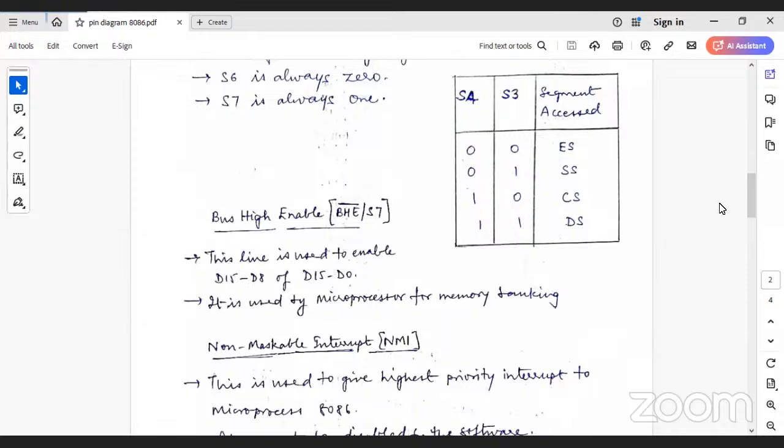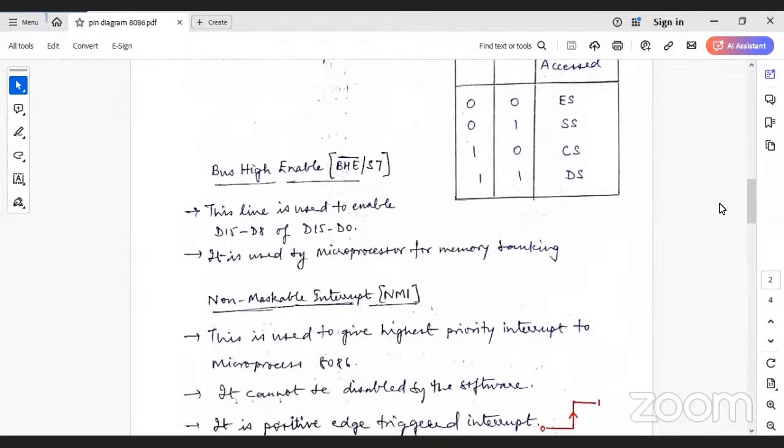So when you are using that higher memory bank, you have to enable those higher byte of address lines. For that, you need to provide one specific signal. That is why this bus high enable signal will be used if you have to access the higher memory bank of your 8086 processor. So this is how the BHE bar signal is used. S7 is always kept 1. So let us say by default it will always remain 1.